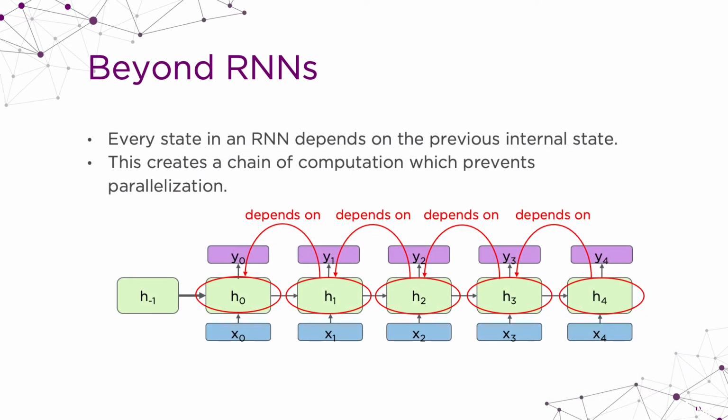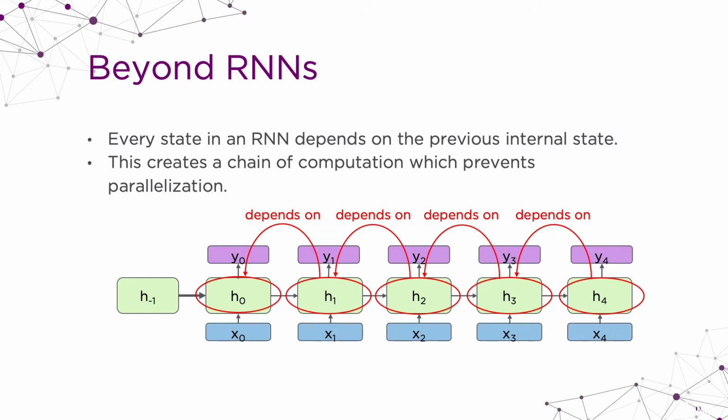So the first thing is they are not easy to parallelize, and this comes from the architecture itself. If you remember, the RNN is basically running some function again and again at every time step. And when running this function, it needs to look at the previous internal state. So let's say that we want to compute H4.